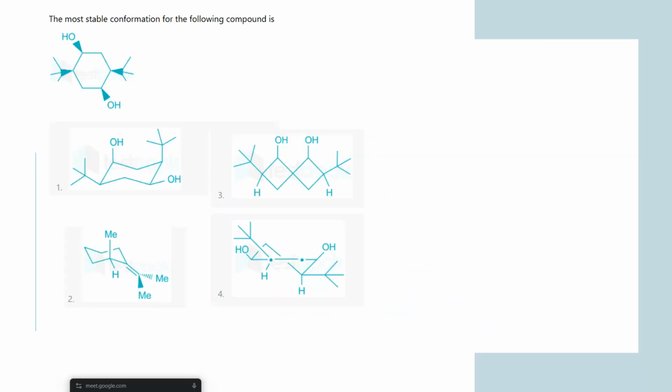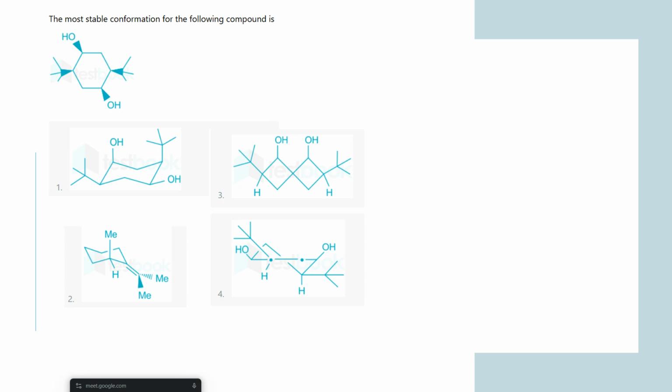Okay, so let us move to the next question, where we have to identify the most stable conformation for the following compound. So we have another cyclohexane molecule in which we have placed four substituents, two of which are hydroxyl groups and the other two are tertiary butyl substituents.